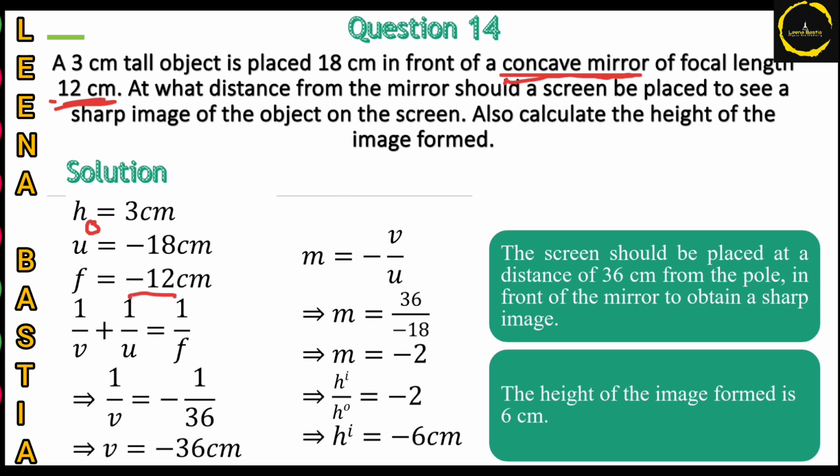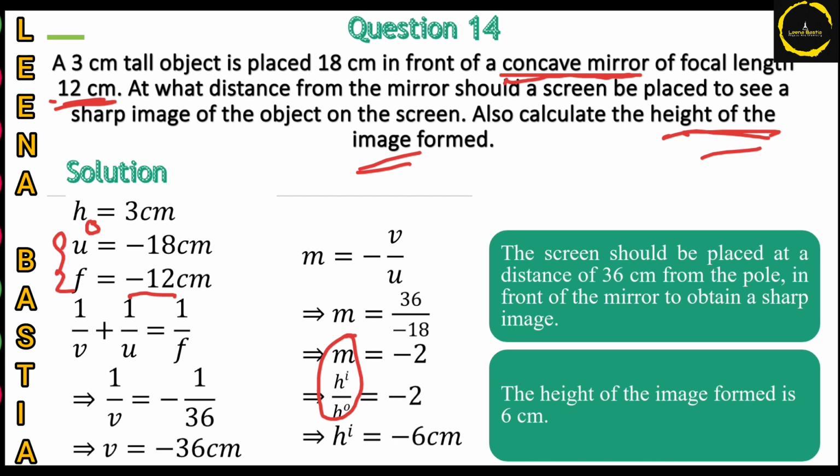Now substitute these two values in the mirror formula to get the value of v. Why are we calculating v? Because we have to find out the magnification, and from that we can find the height of the image. The question is asking for the height of the image. Height of the image we cannot calculate directly, because we know the formula M equal to HI by HO, but the data are not sufficient.